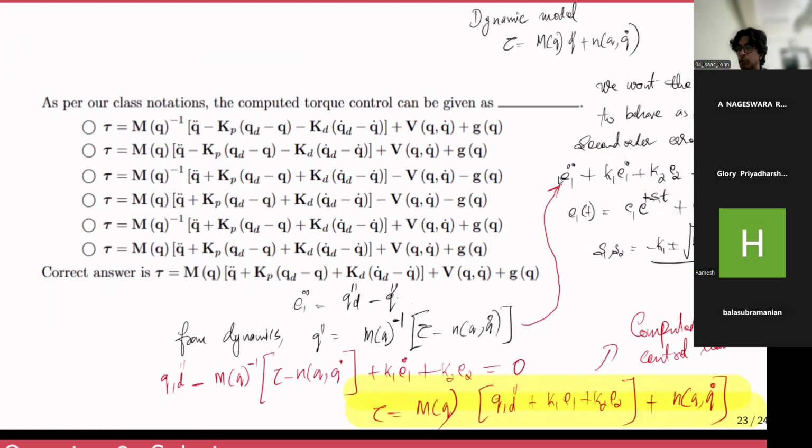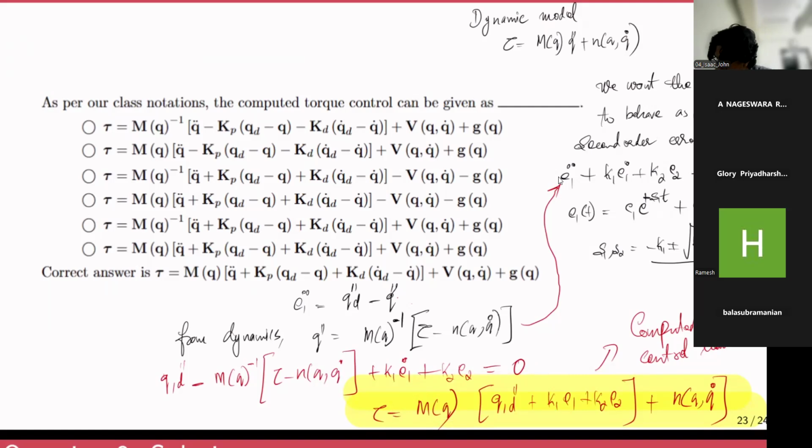So in order for the system to achieve the second order dynamics, our control torque should be as per this expression. And from the options, I can see which option makes sense.